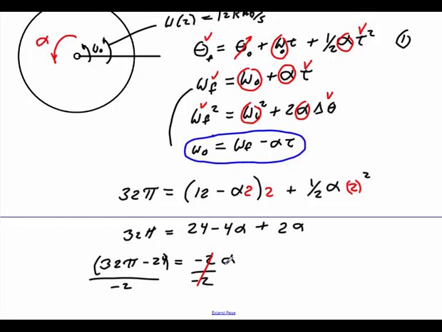We'll go ahead and get those values right there. When we do that, that gives us an angular acceleration equal to negative 38.27 radians per second squared. And that would be the answer for the angular acceleration.